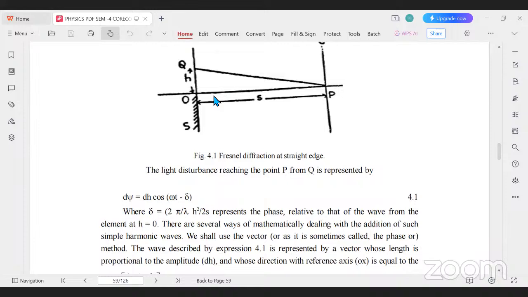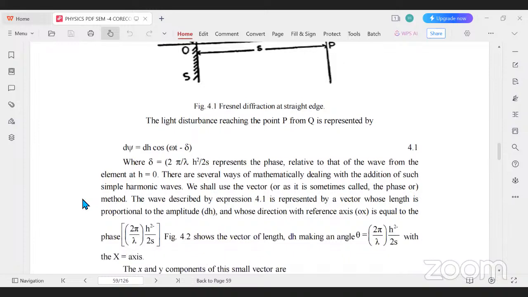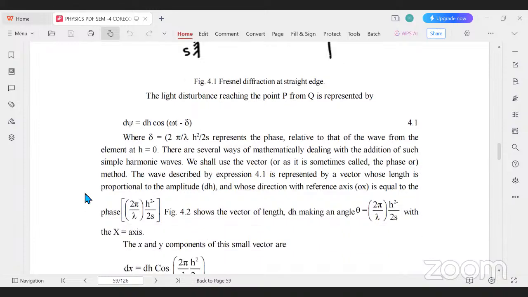So now we are going to find this for the straight edge also. This helps to find simple harmonic waves. So we shall use this vector method, sometimes called the phasor method. The wave discussed by expression 4.1 is represented by a vector whose length is proportional to the amplitude and whose direction with reference to the axis is equal to the phase.